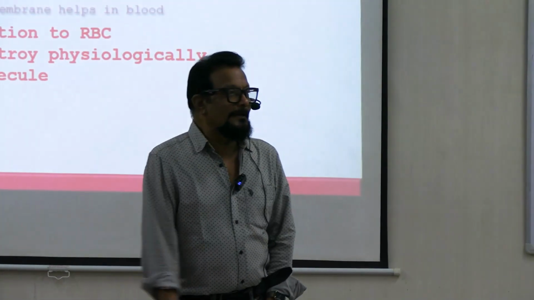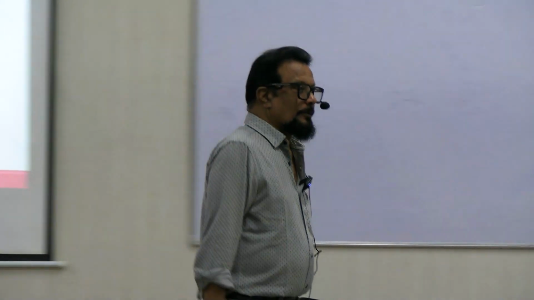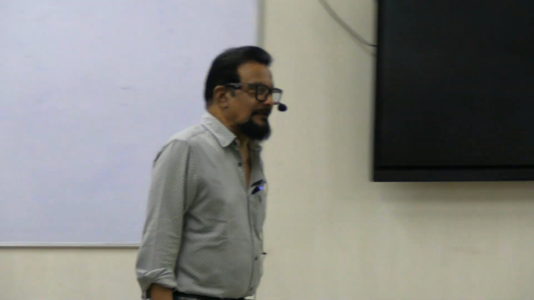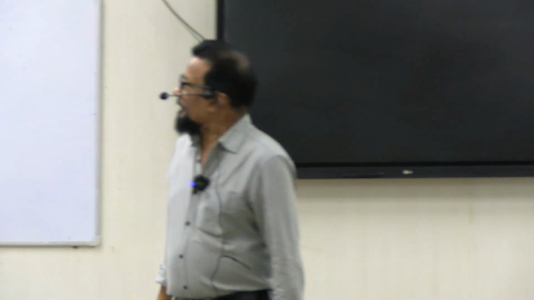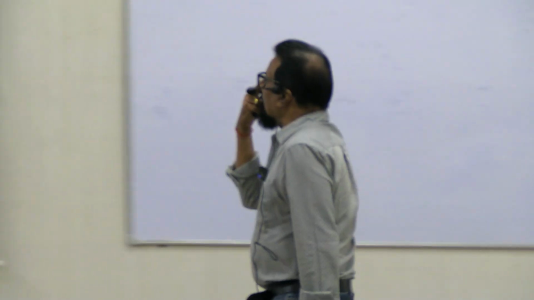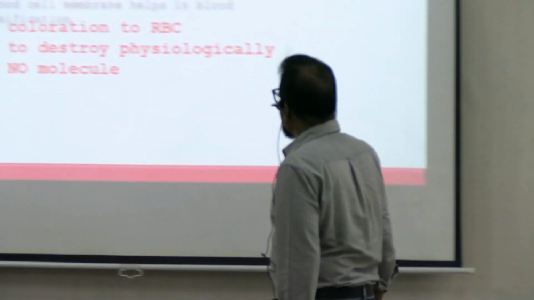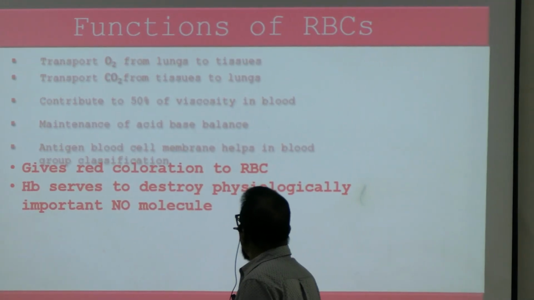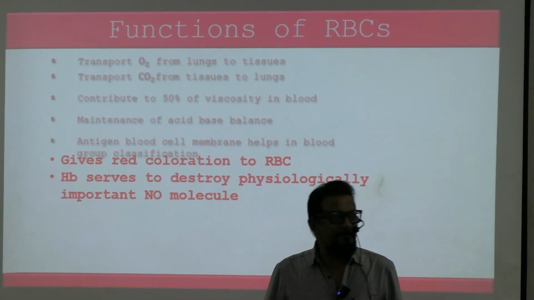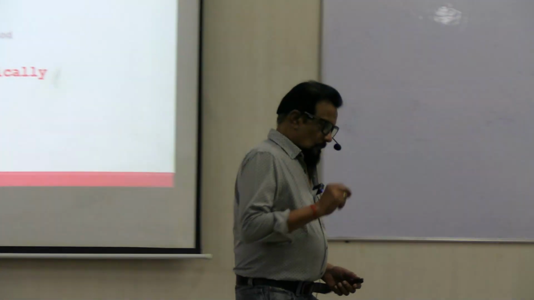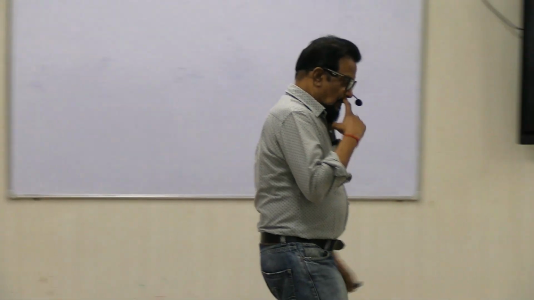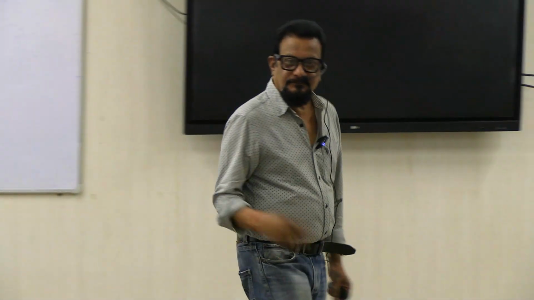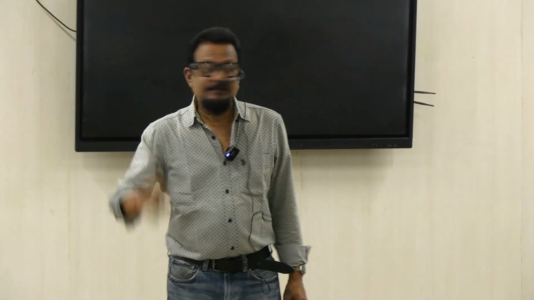It is the hemoglobin that gives red color to the cell, but other cells are not colored. Another thing: RBC has a receptor for nitric oxide, NO. Nitric oxide is physiologically important.